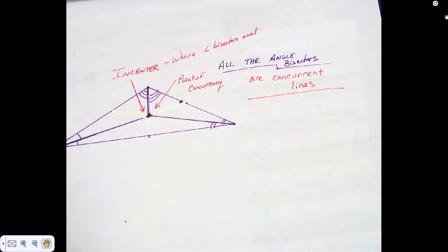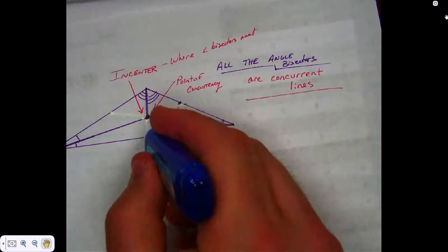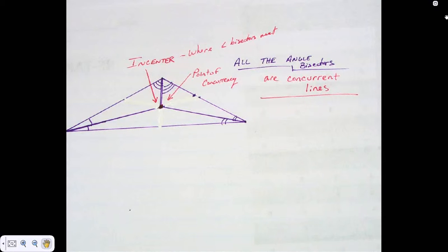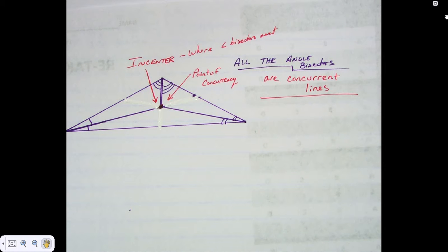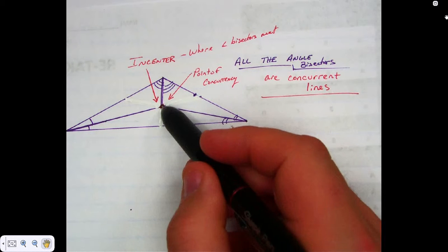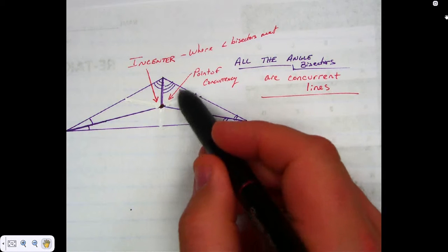That's why it's hard for you to see. Isn't this where the angle bisectors meet? I would agree. What they're saying is that since this is where all of them meet, the distance from this point to here is the same as the distance from here to this side, and the distance from here to this side.